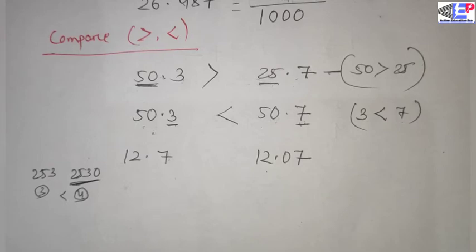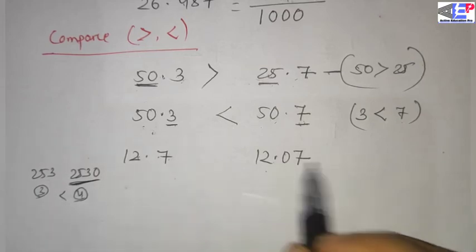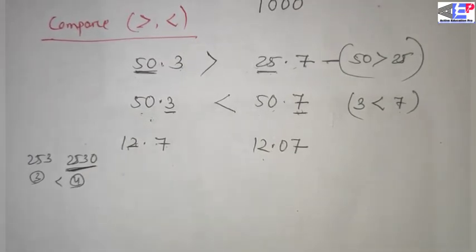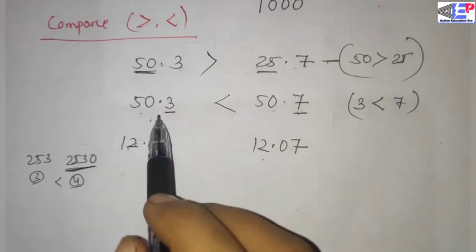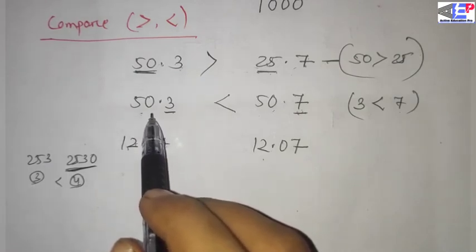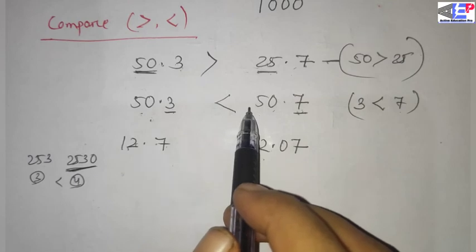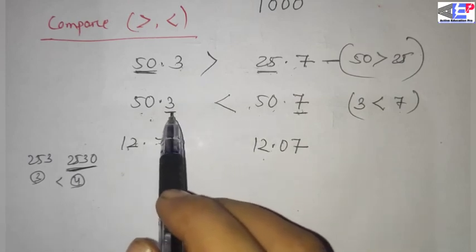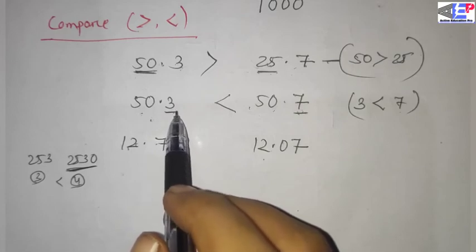Here both numbers are something extra to 12. This is 12.7 and this is 12.07. Both numbers are something extra over 12. Now, since they carry the same whole number, we should compare these two numbers by looking at the right side positions after the decimal point.